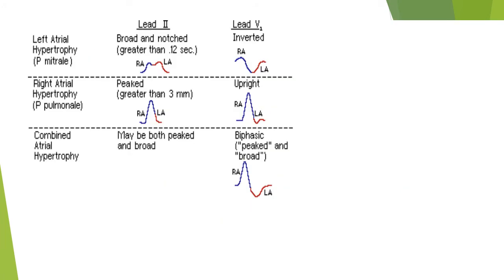So remember that in left atrial abnormality, the P wave in lead 2 would be more broad and sometimes notched, more than 120 milliseconds in lead 2, and in V1 the P wave will be more dominant negative and more widened, while in right atrial abnormality the P wave in lead 2 is peaked, the amplitude is more than 2.5 millimeter, and in V1 it will be more dominant positive and the amplitude more than 1.5 millimeter.